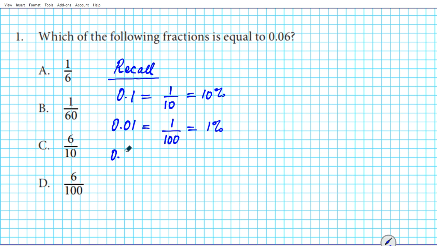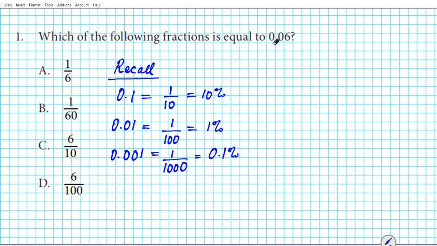What if we have 0.001? What would this be in fractional form? It would be 1 over 1,000 because 1 is in the thousandths place. And this is equal to 0.1%. So this is just a little quick review on converting from decimals to fractions to percent.